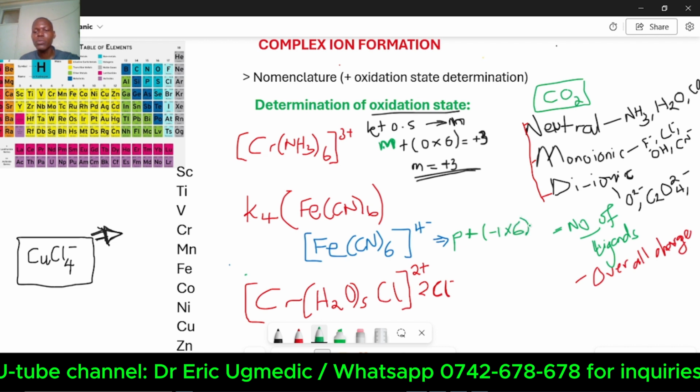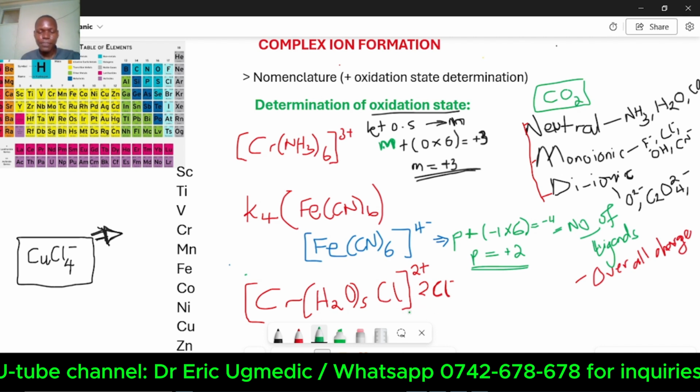And that will be equal to the overall charge, that's negative 4. So my P will be equal to, if you take the negative 6 that side, it becomes a plus. So I'll have negative 4 plus 6 to give me a positive 2. And then you can conclude that the oxidation state of iron in this complex is plus 2.